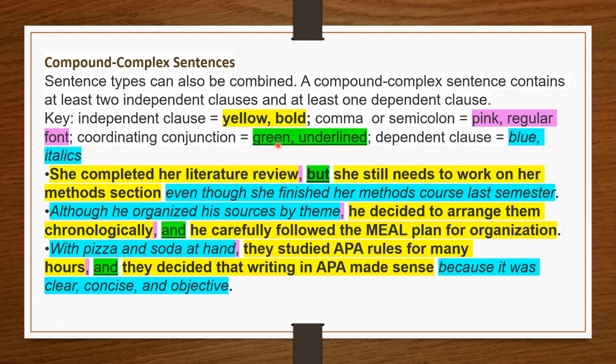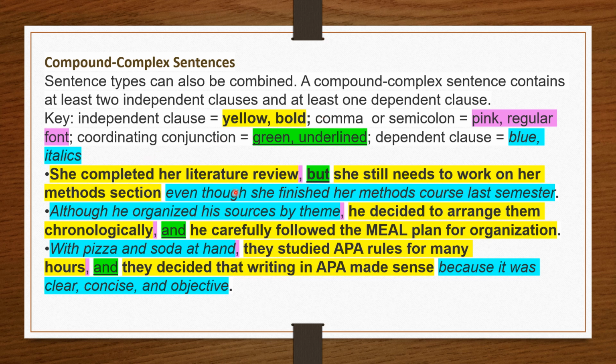Okay, so the last type of sentence, compound-complex sentences. Sentence types can also be combined. A compound-complex sentence contains at least two independent clauses and at least one dependent clause. Let's move to the examples.